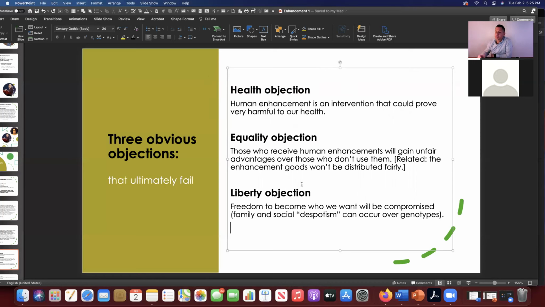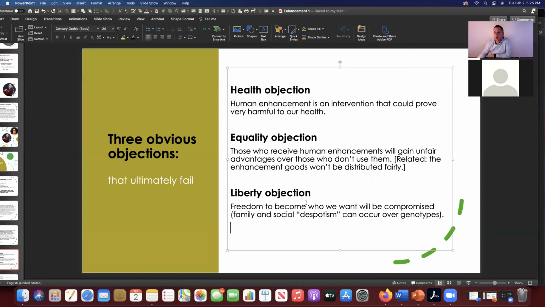Or there's a concern that only some people will have the ability to self-improve using the biomedical technology. So you'll have a society of the enhanced and a society of the unenhanced, and there's inequality that could emerge. And then there's the liberty objection. The biomedical technology might actually count against our freedom and our liberty.